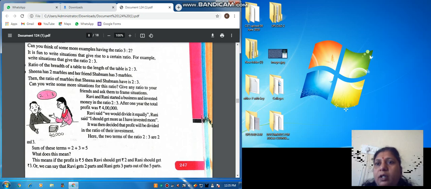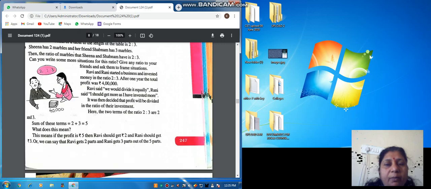Suppose these two persons, Ravi and Rani, share a business and invested their money in the ratio 2 as to 3. After 1 year, the total profit is 4 lakh. When the profit came, Ravi said we will divide the profit equally. But Rani said I invested more, so I should get more profit. So at last they decided to divide their profit in the ratio of their investment.